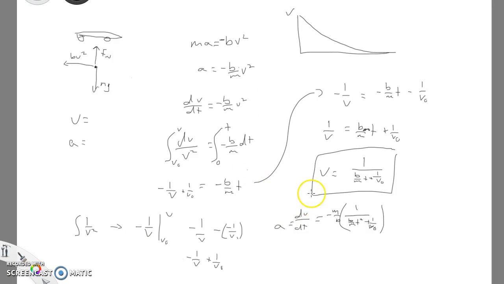Okay, so just a couple notes here. You'll see that when t, this piece right here, is equal to 0, then you're just left with negative m over b times 1 over v naught, or negative m over b times v naught would be your acceleration at time 0.